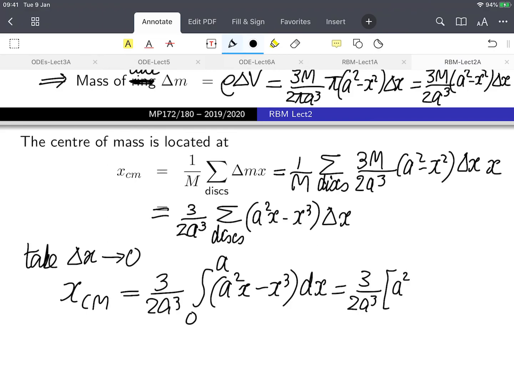So a squared, that's just a constant. What's the integral of x? x squared over 2. Yeah. If I differentiate x squared, I get a 2 coming in front. I won't get rid of it, so I put 1/2. I get x. What's the integral of x cubed? x to the 4, right? 1/4.